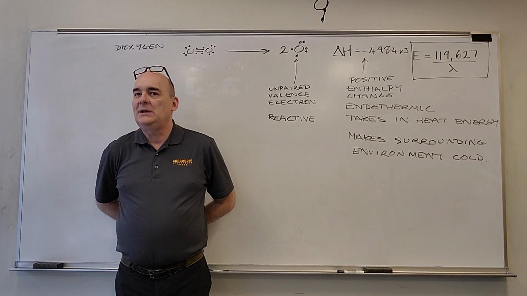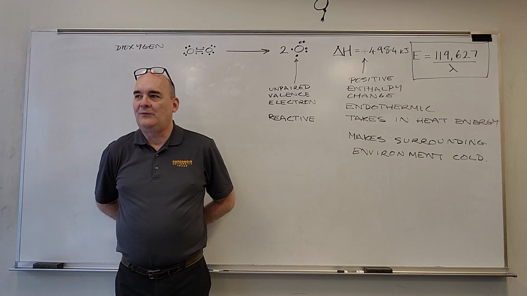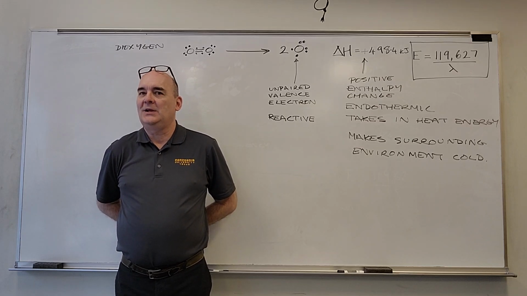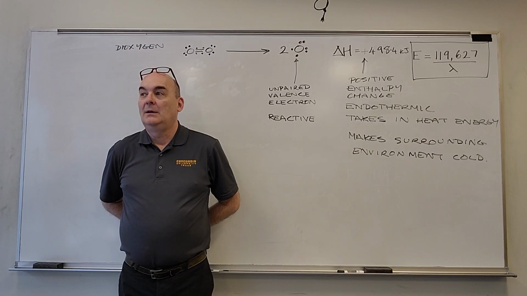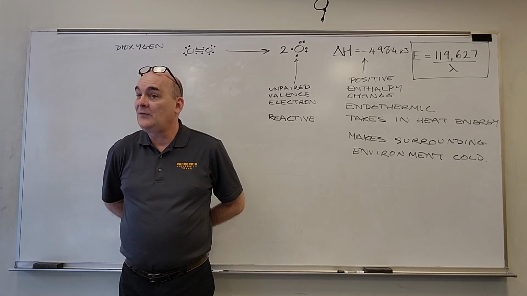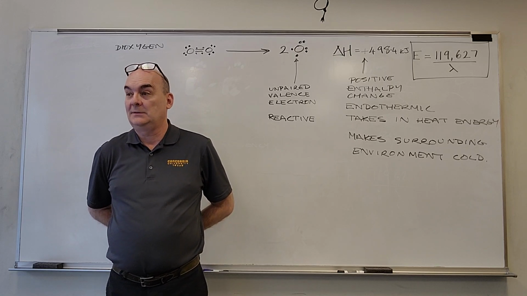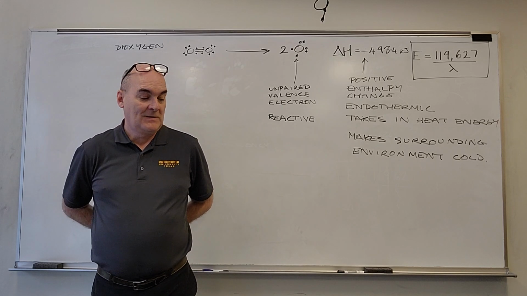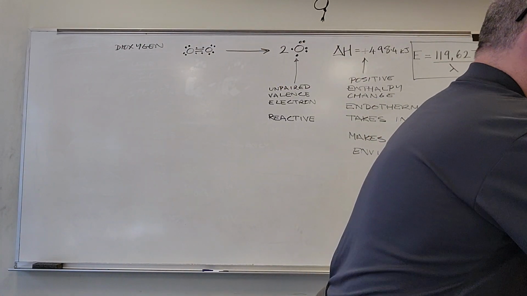This is a very reactive chemical, and it's very reactive because it has an odd number of electrons. This doesn't have an odd number of electrons, but having an odd number of electrons guarantees that you have unpaired electrons. What's that called? If you have unpaired electrons.